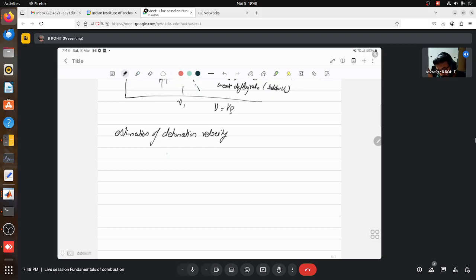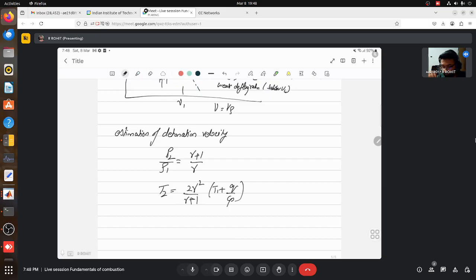The final estimation of detonation velocity came with the relation between the densities, ρ2 by ρ1, which is nothing but gamma plus 1 by gamma. Then you had another relation which combines the temperature relations: T2 is equal to 2 gamma square by gamma plus 1 into T1 plus Q by Cp.